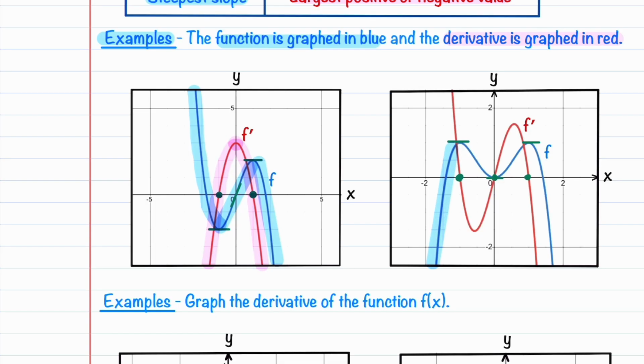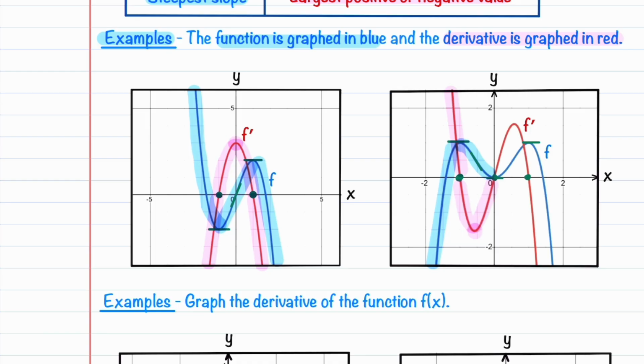So that means that our derivative has to lie above the x-axis. Our derivative then is decreasing and has a negative slope, and it looks like the slope is the steepest right here. So our derivative is going to be the smallest right here, and it's going to come down here and then go back up.